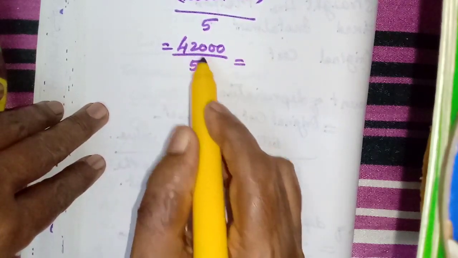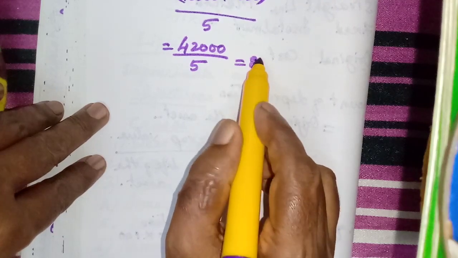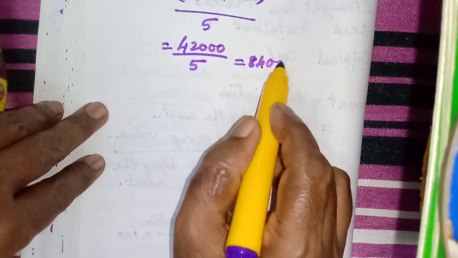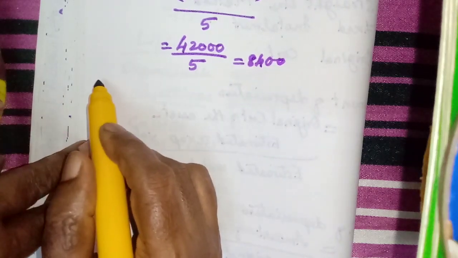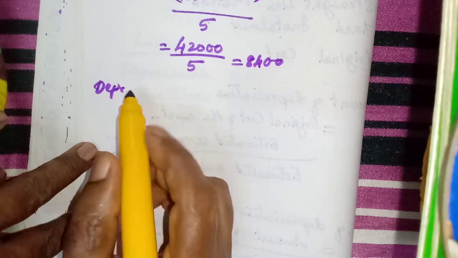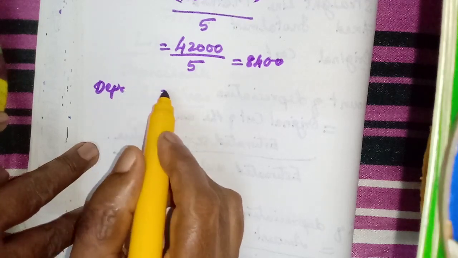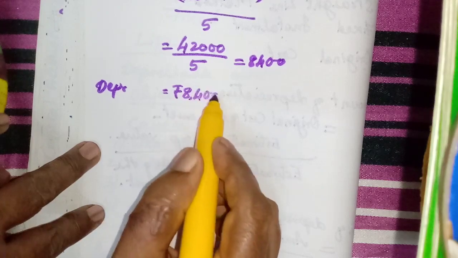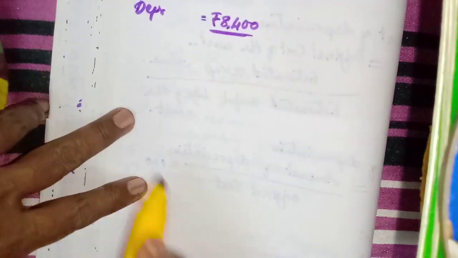In 40, 8 fives. Then 20, 4 fives. So you write the amount of depreciation is equal to rupees 8,400.